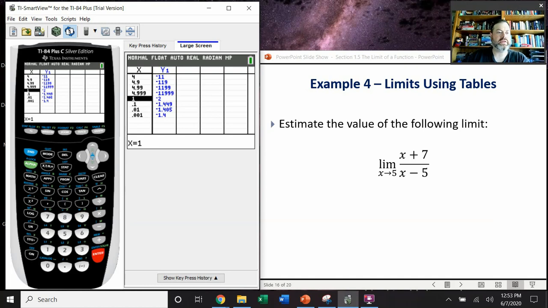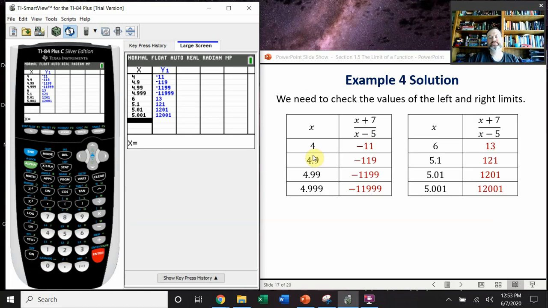And then we'll come in on the other side and we'll go 6, 5.1, 5.01. There we go. And 5.001. Right, and that's what we got. That's what we got on the table over here.